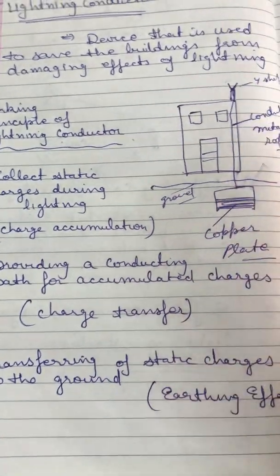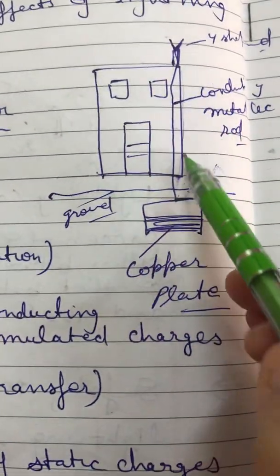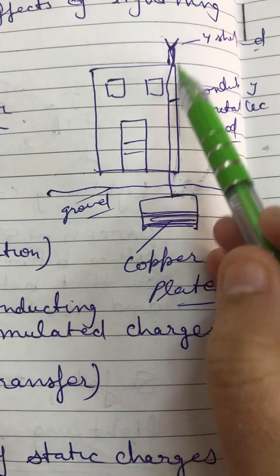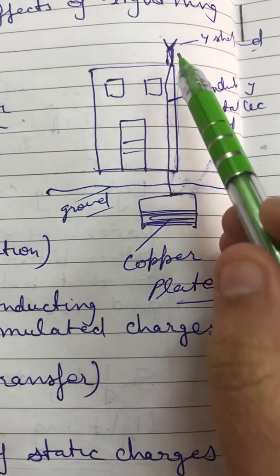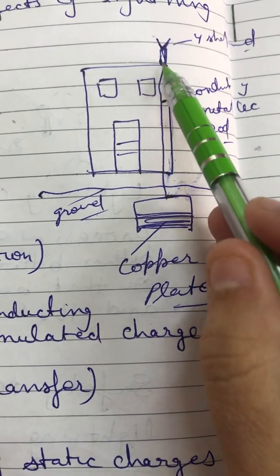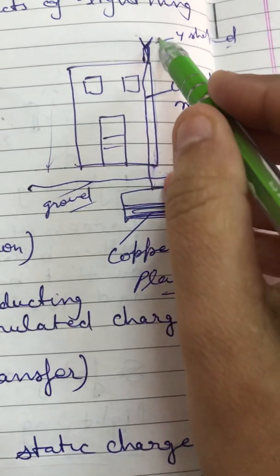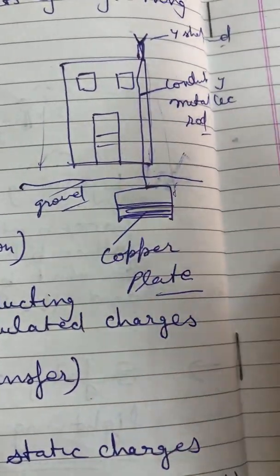Okay? So for example, this is the building, and the lightning conductor should have a larger length, a higher length than the building. For example, building is of this much height and lightning conductor is of this much height, more than the height of the building.